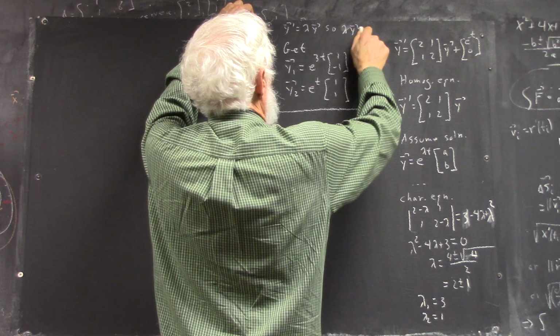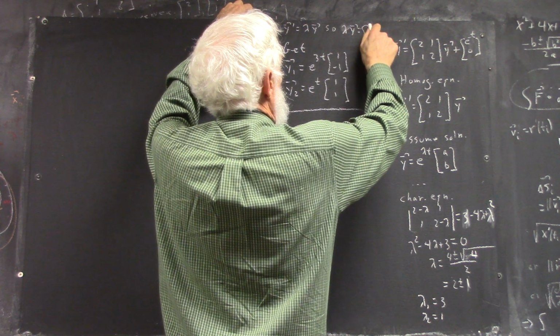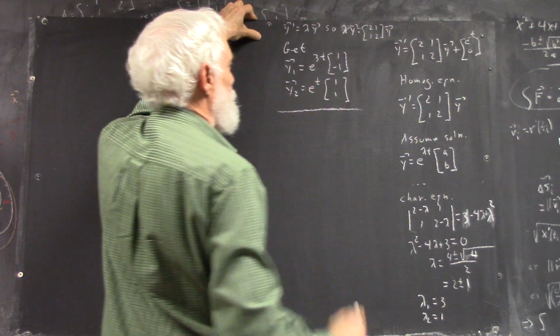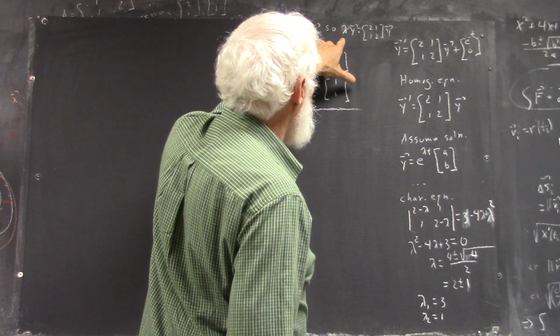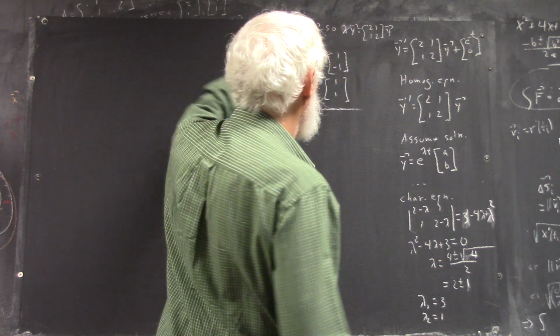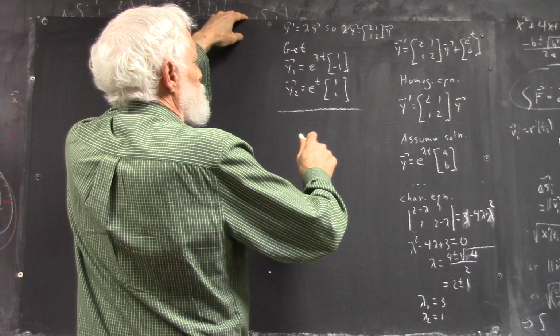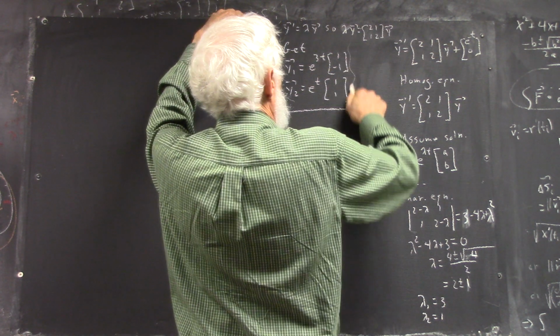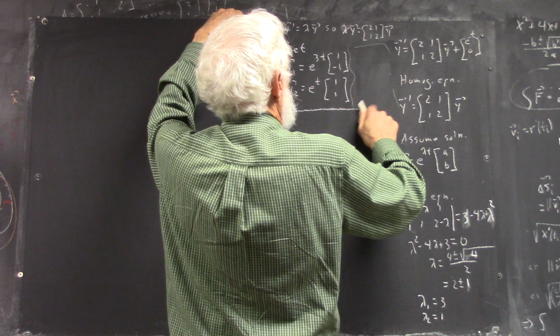So lambda y should equal your matrix 2, 1, 1, 2 times y. Or in general, lambda y should equal A times y. Don't really have room to write it up here, so I'll kind of slip it in here.